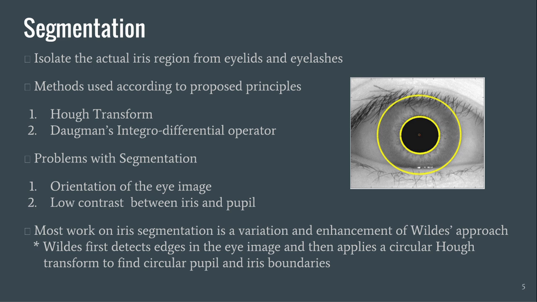And again, you might want to focus on the contrast level between the iris and pupil, because that is also a crucial factor. Most work that is done on iris segmentation is a variation of what was already done in Wildes' approach. It detects edges in the eye image and then applies a circular Hough transform to find the circular pupil and iris boundaries.